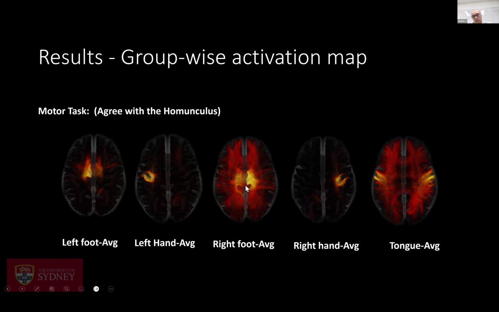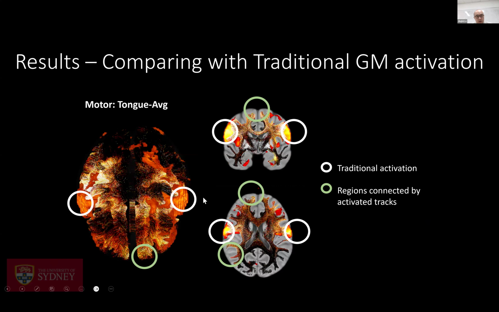And you may ask what is the difference between this activation and the traditional fMRI activation. So we did some comparison. In the white circle, you're looking at the traditional volume-based activation from the fMRI. We can see that the white matter streamline activation in our method not only connects to the traditionally activated regions, but also extends to other brain regions.